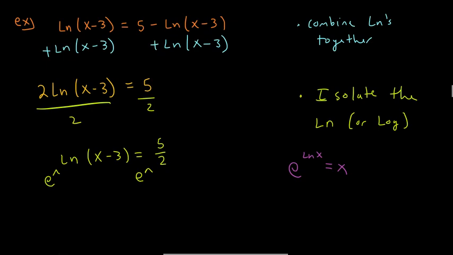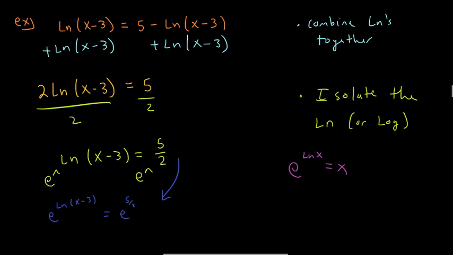Just for your own knowledge, I'll write it out. This would look like e raised to the natural log of (x minus 3) equals e raised to the 5 halves. This is an algebraically legal move: taking both sides of an equal sign and making them powers of the same base maintains the equivalency.